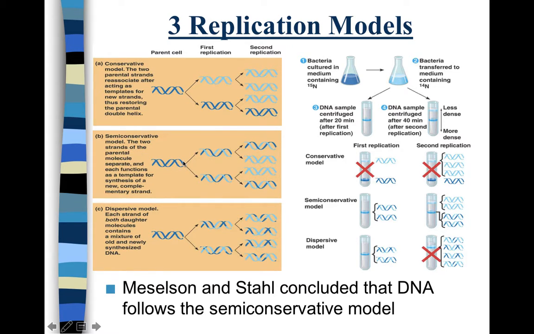The 2 strands of the parental molecule separate and each functions as a template for synthesis of a new complementary strand. Dispersive model. Each strand of both daughter molecules contains a mixture of old and newly synthesized DNA. Meselson and Stahl concluded that DNA follows the semi-conservative model, which is very, very true. It does.